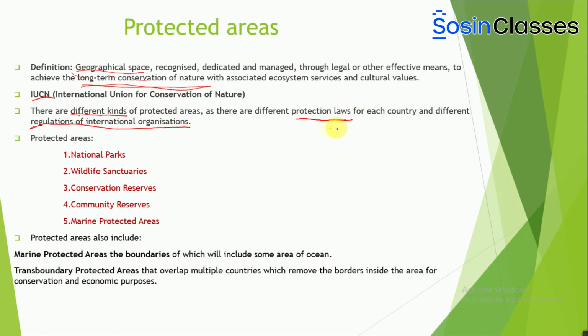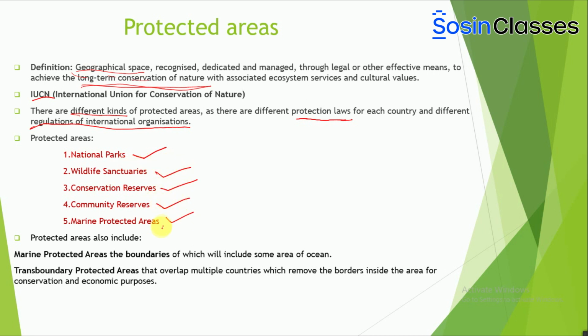So the protection laws of each country and the regulations of international organizations have resulted in different kinds of protected areas. Let's look at the protected areas IUCN declares: national parks, wildlife sanctuaries, conservation reserves, community reserves, marine protected areas.